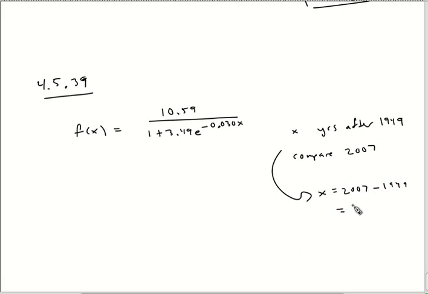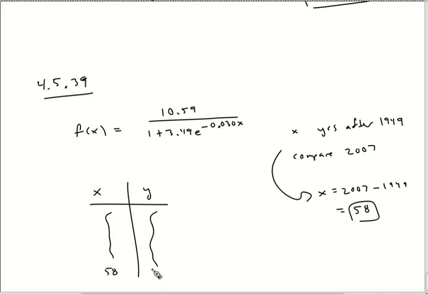And I got 58. So in my math lab, before we get too much further, they have an x and a y table, and then they have a 58, and then they have a 6.4. What we're doing is we're going to get a result from here, and we're going to compare it with the 6.4, and either they're more or less or the same.